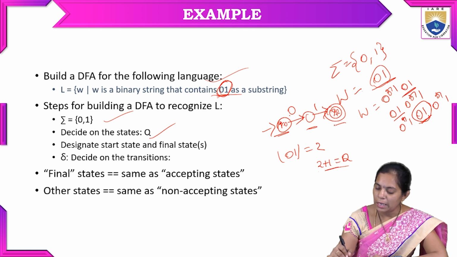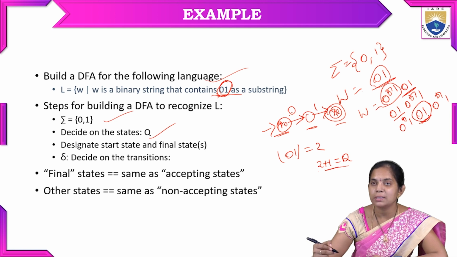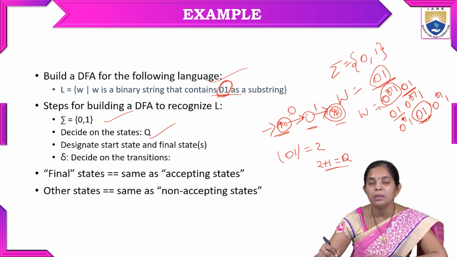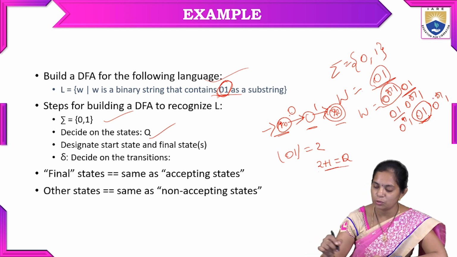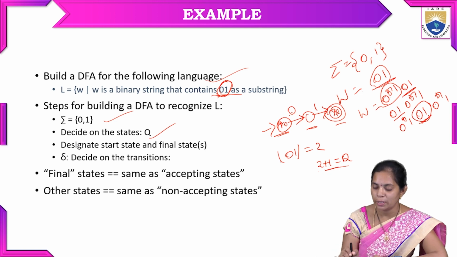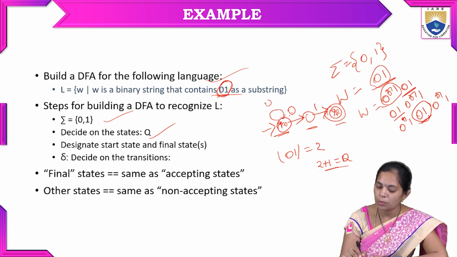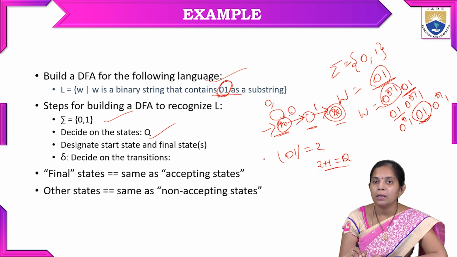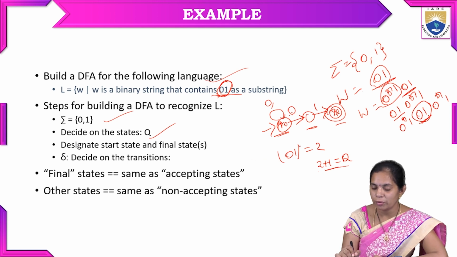Here we have 0, 1, and there is one more condition: the 0 or 1 at the start and end is also part of the language. If we already have 0 and get a repeated 0, we write it as a self loop like this, and for 1 we write a 1.